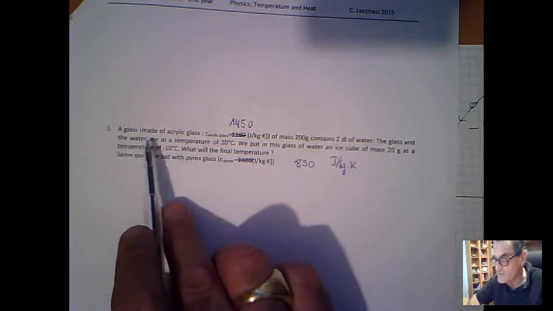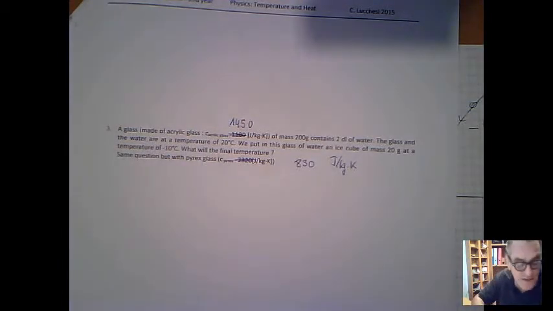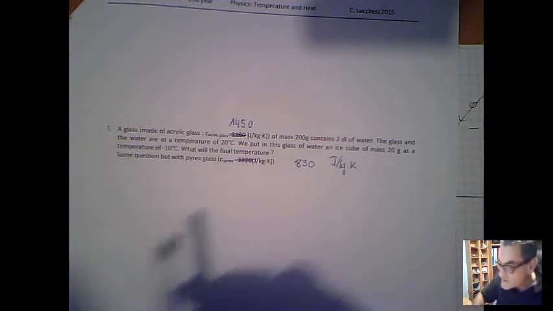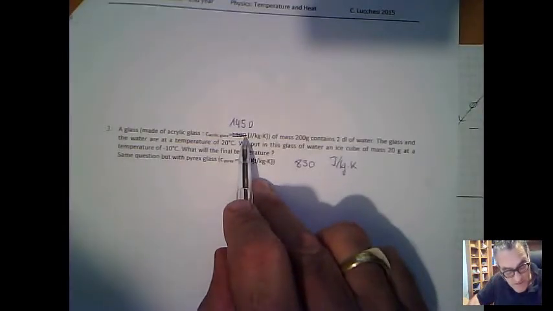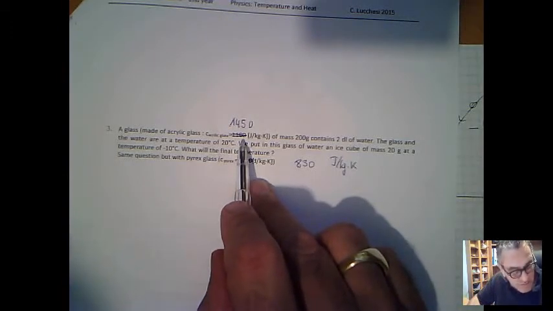Okay. Now you have a glass made of acrylic glass. So let's look for verre in this table. Verre acrylique. Voilà. That's the value I took here. I'm sorry, this was the specific mass. But now I just want to check this number for acrylic glass.